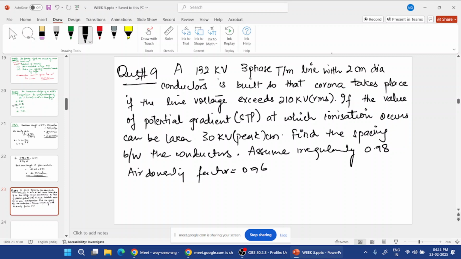Okay, so we have to find the spacing. So solve it for this.